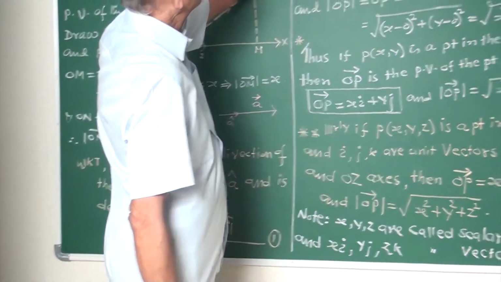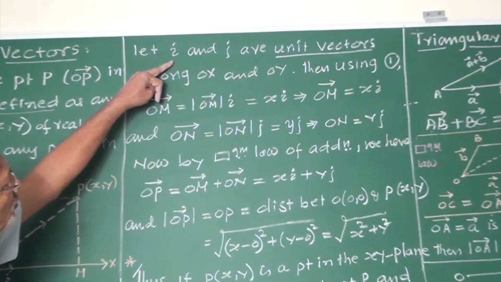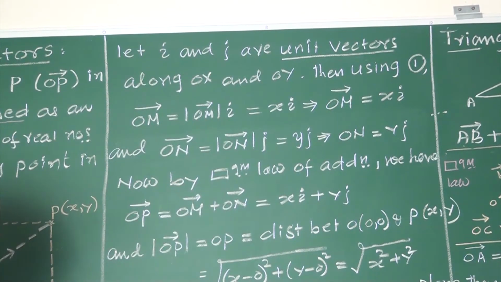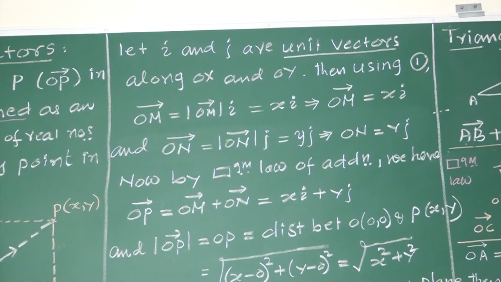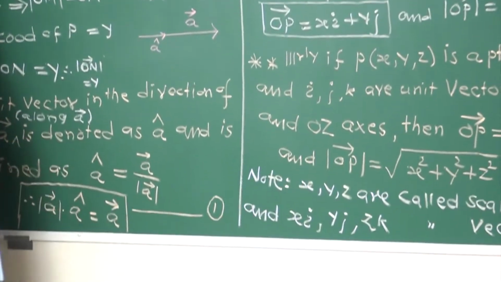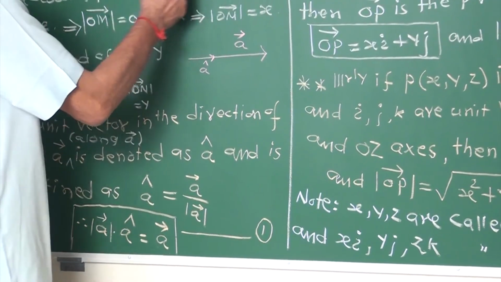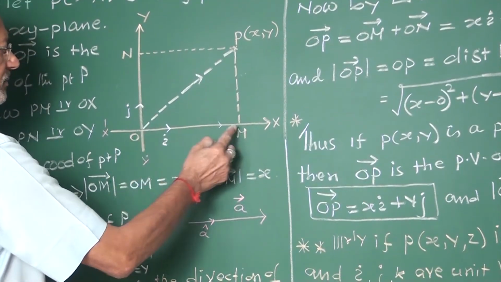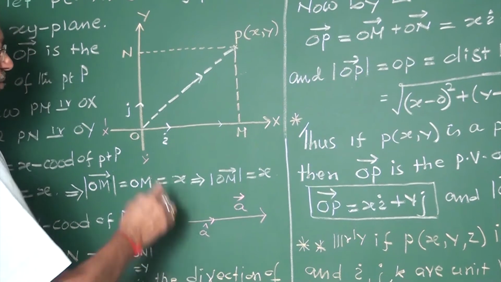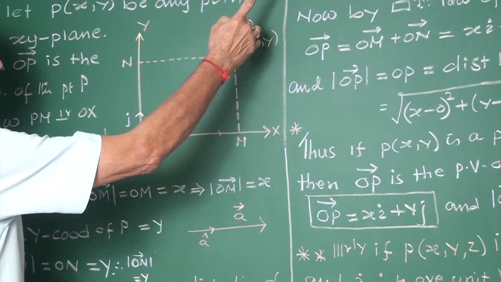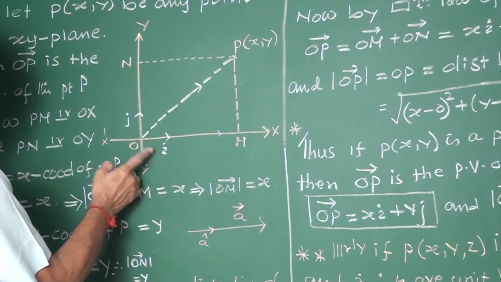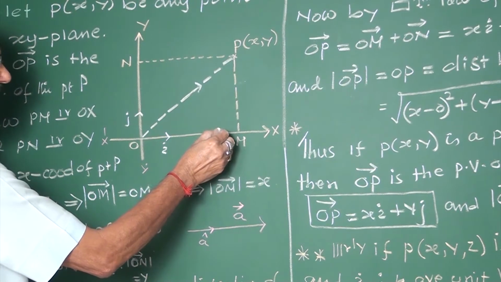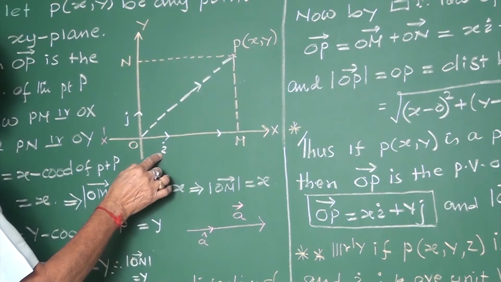Next. Let i and j be the unit vectors along OX and OY, in the direction of OX and OY. Then using this result 1, we can write vector OM equal to its magnitude, magnitude of OM, into the unit vector in the direction of OM, which is i.